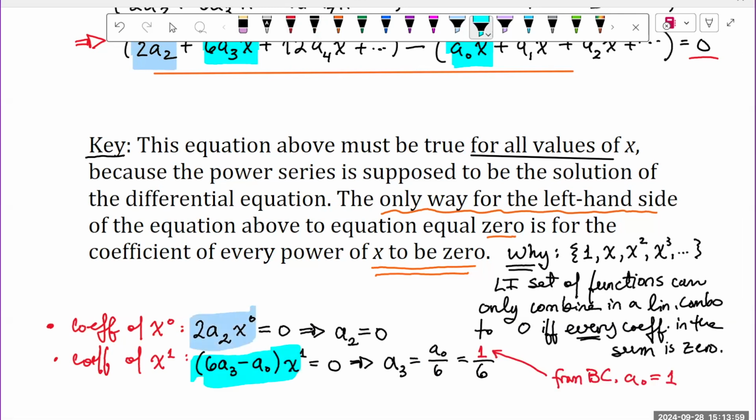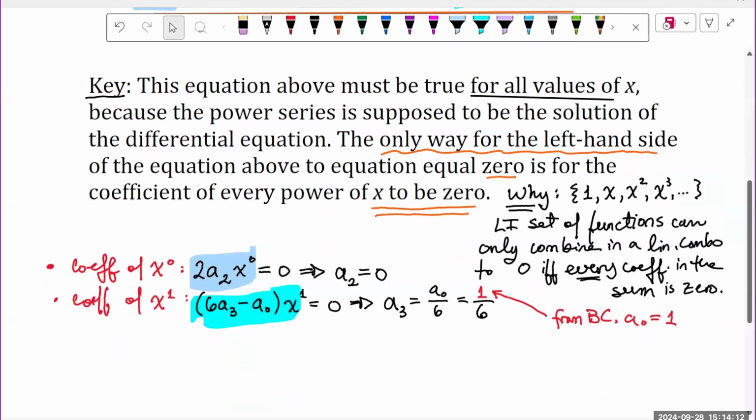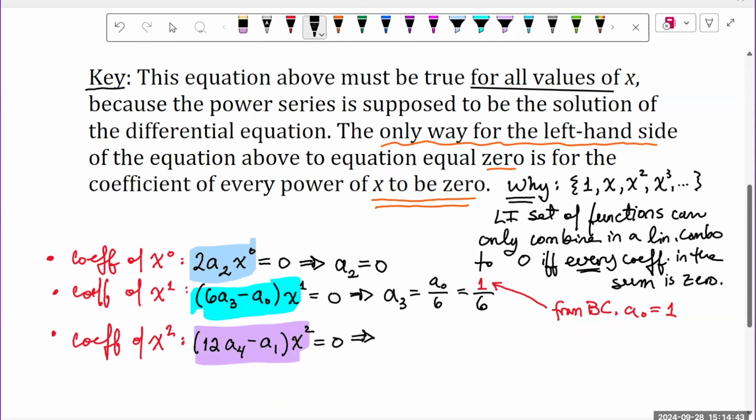Finally, let's look at the x squared term. We've got a 12a4 and a minus a1 in front of our x squared term. So that means that the coefficient of x squared has to be 0, and that allows us to solve for a4, which has to be a1 over 12, which is going to be 0, again, from the boundary conditions.